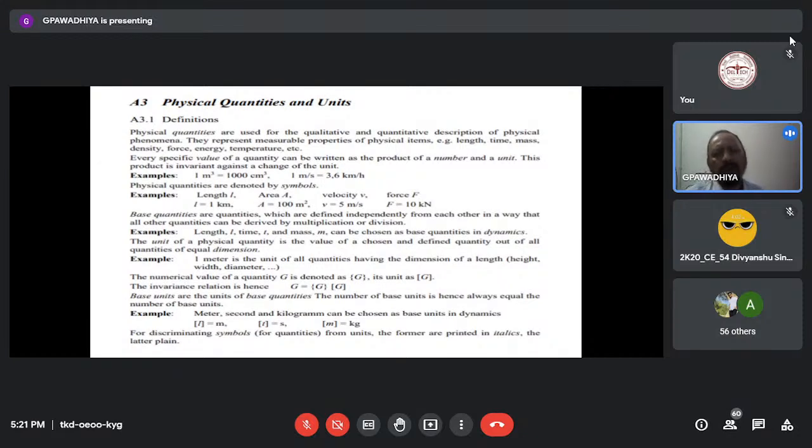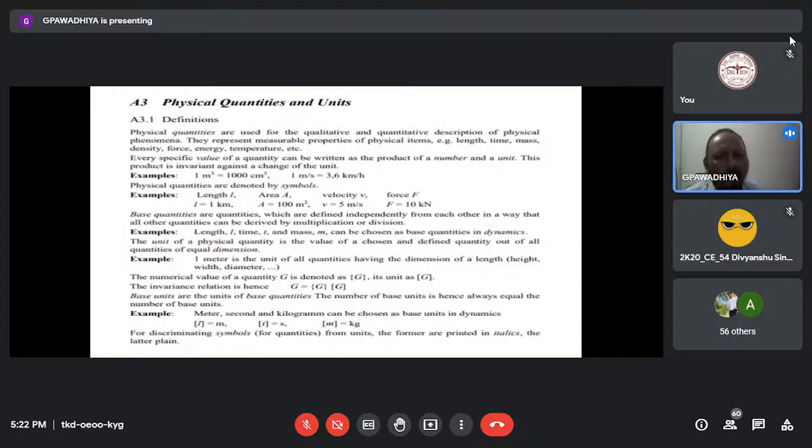A numerical value is attached to it, like 10 kg. So kg is the unit, the number is 10. So 10 kg is the mass quantity. So this is how we describe physical quantities.